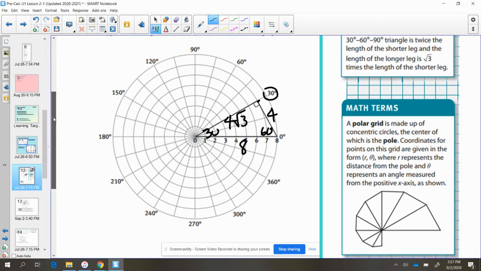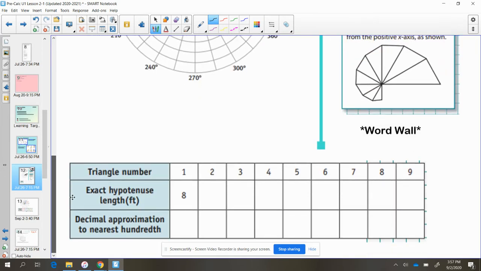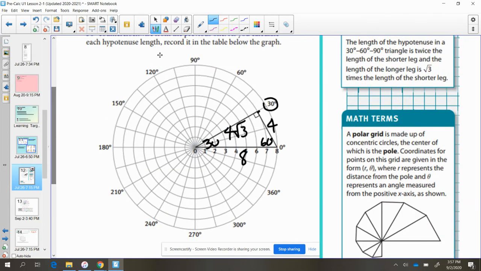So if we move down here, we have the exact length of our hypotenuse is 8, which is also 8 if we approximate it. And that means as we draw in our next triangle here and around, another right triangle, another 30, 60, 90.